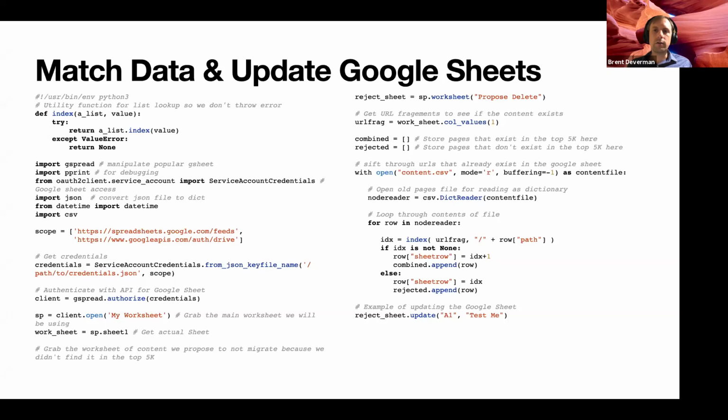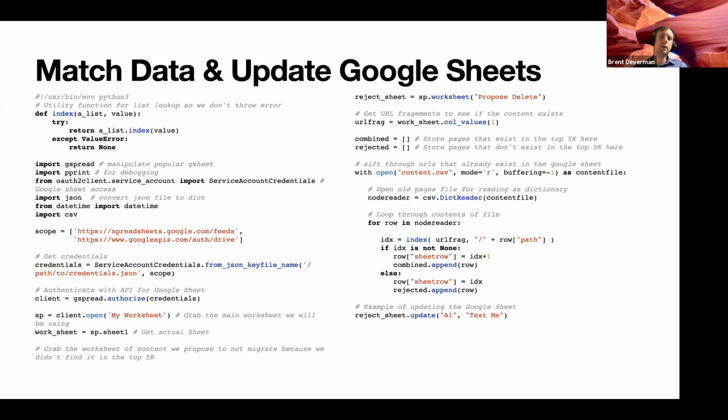Now if you want to get access to additional worksheets that are in the Google Doc, then you use this technique on the right side. I have the SP variable, in which I stored my document reference, and then I call the worksheet function with the name of the additional worksheet, and I can store it into what I call the reject sheet.